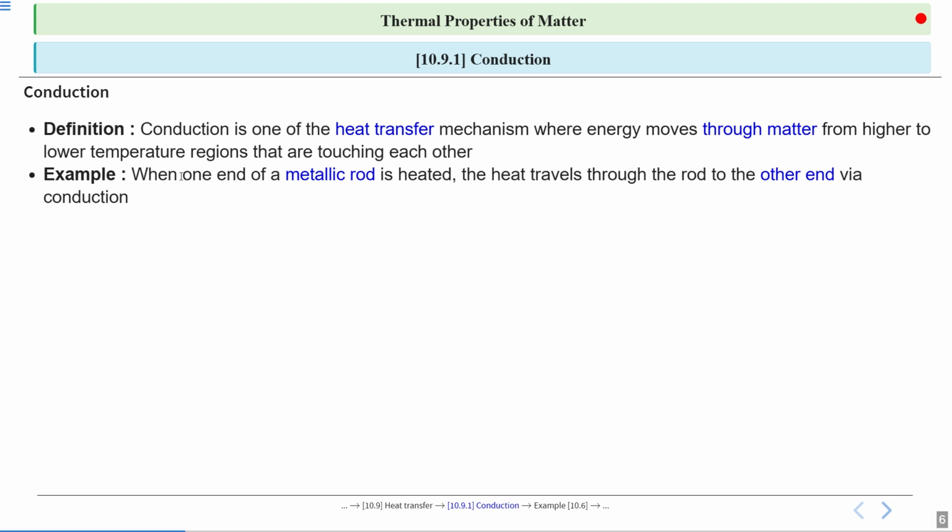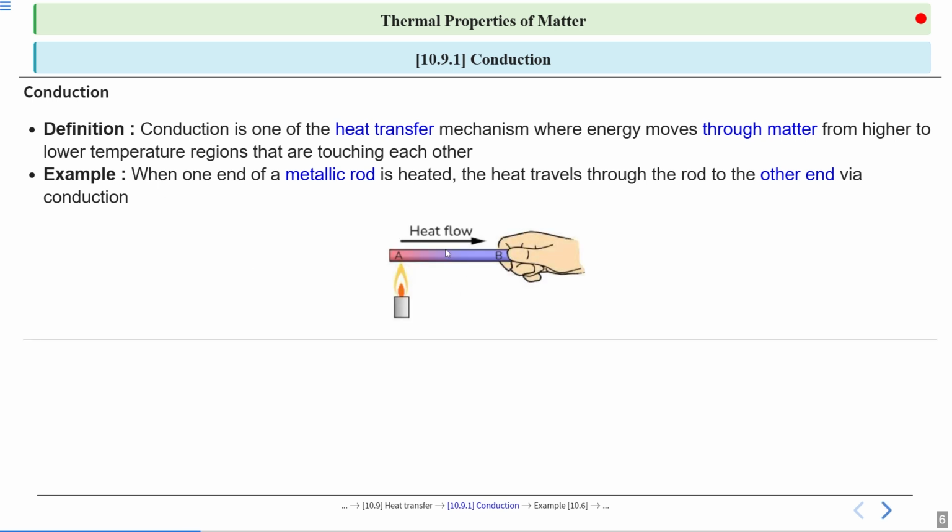Example: when one end of a metallic rod is heated, heat travels through the rod to the other end via conduction. So let's see, we have a metallic rod and we heat it. At end A, when we heat it, there is a flow of heat from point A to point B, and the rod is a solid rod.